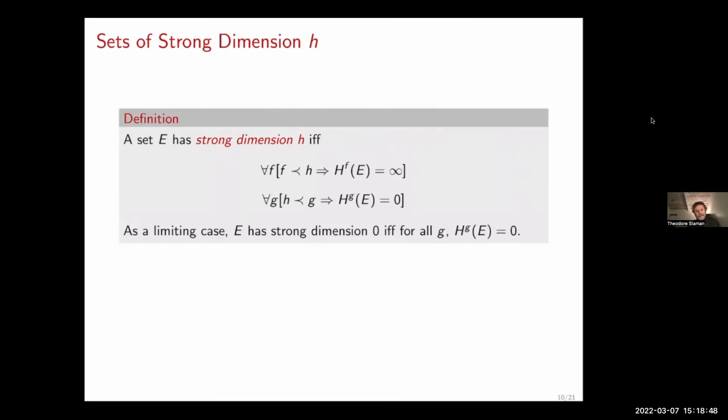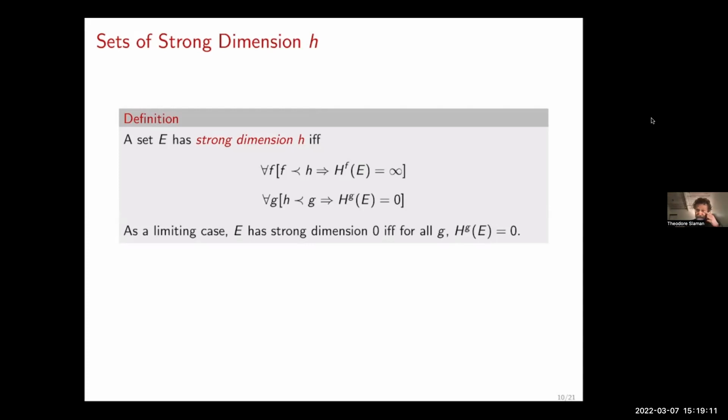Okay, so a set has strong dimension H if and only if, for all F, if F is smaller than H, then HF of E is equal to infinity, and for all G, if H is smaller than G, then HG of E is equal to 0.